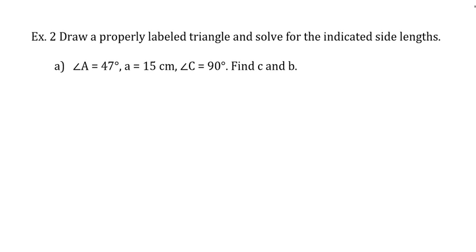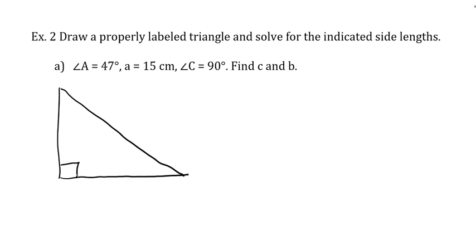So we're not given the triangle. We have to draw it ourselves. And like I said before, I'm going to try to draw it to scale. So make sure you draw a right angle. And I noticed that one of the angles is 47.